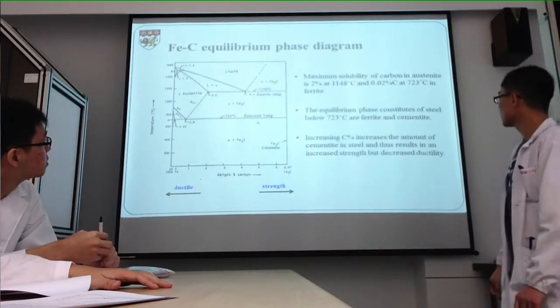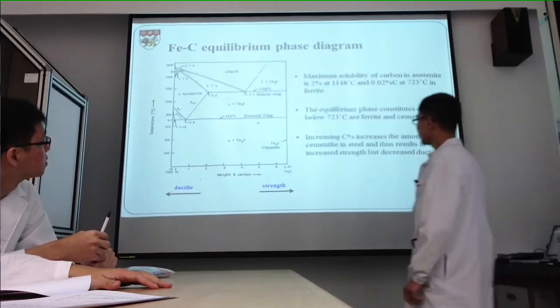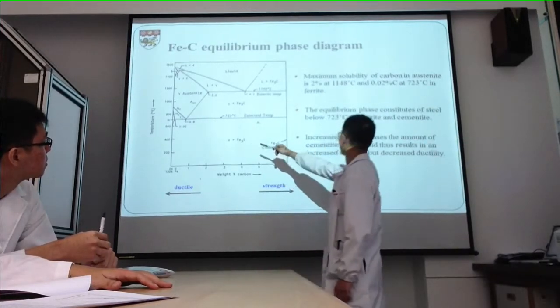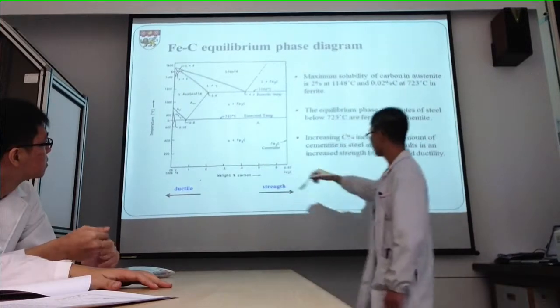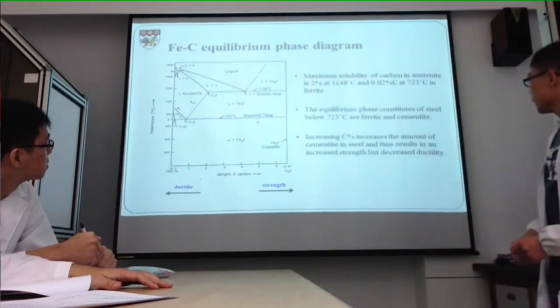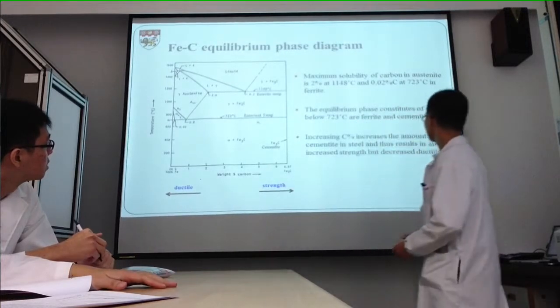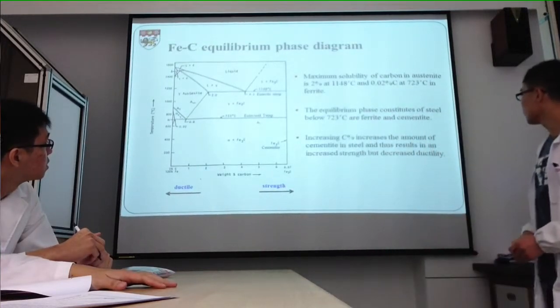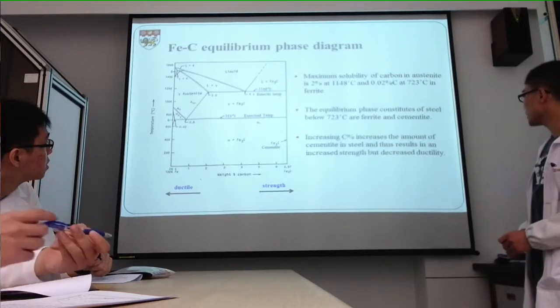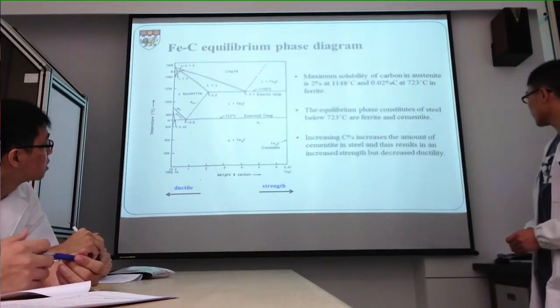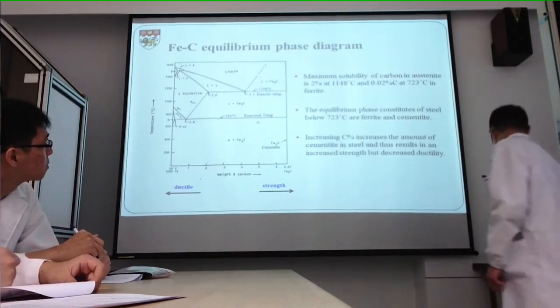The equilibrium phase contains ferrite and cementite below 723. So with increasing carbon content, the strength increases, but the ductility also decreases.